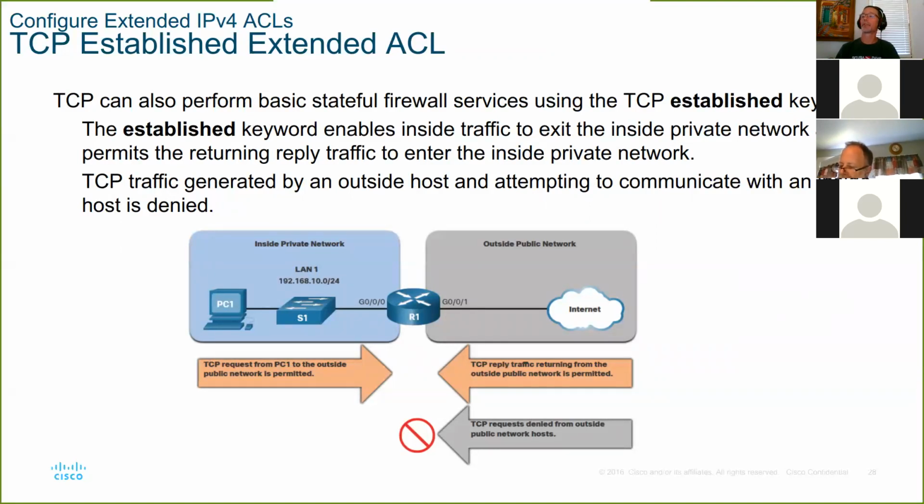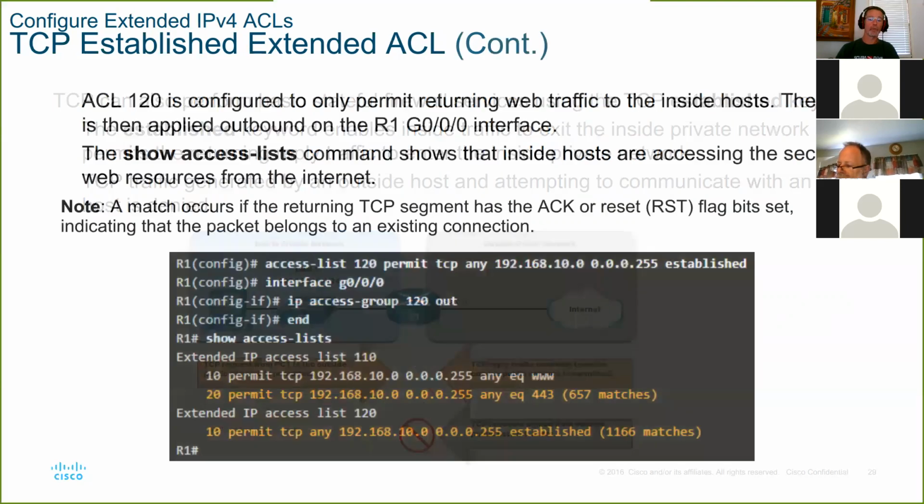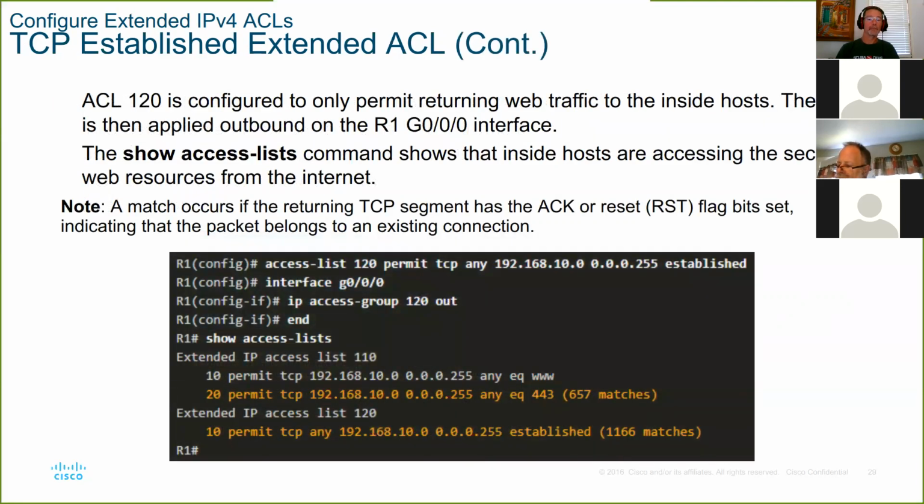Let's let the return traffic back, because you could end up allowing somebody to make a request but blocking the request coming back in. So established allows us to say, any traffic that started here that went out, we're going to let you back in. There are other ways to do that, but they're beyond scope. That's in the CCNA Security.